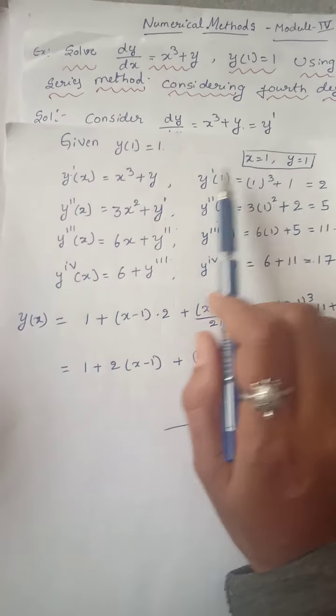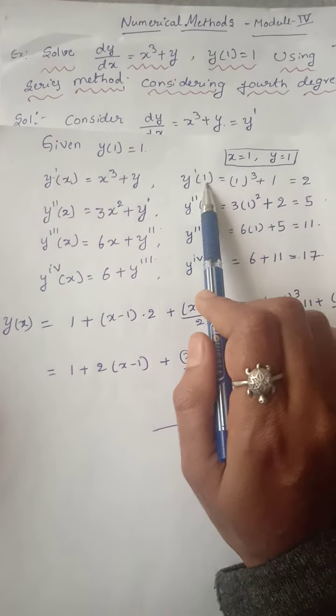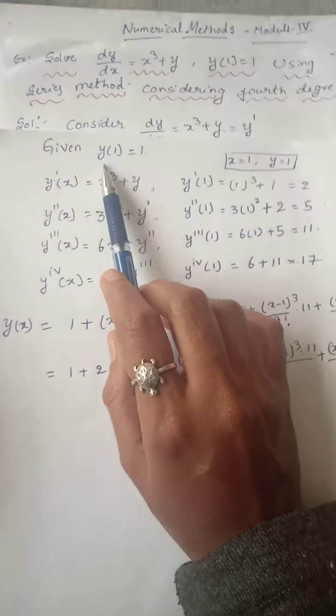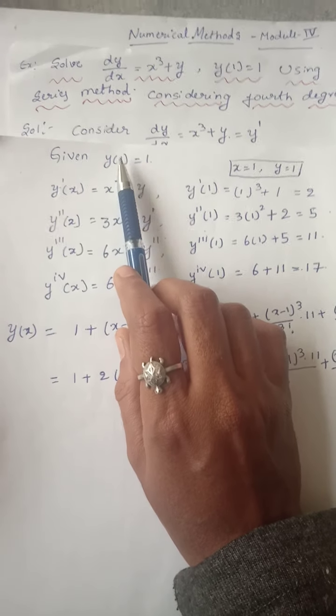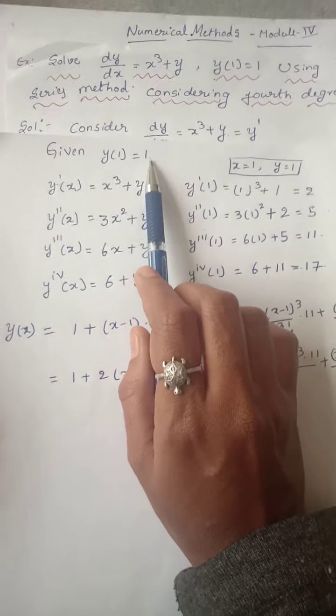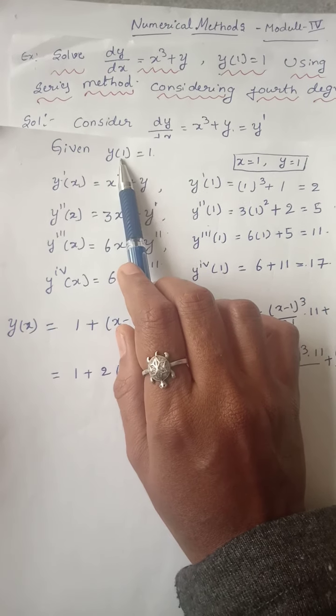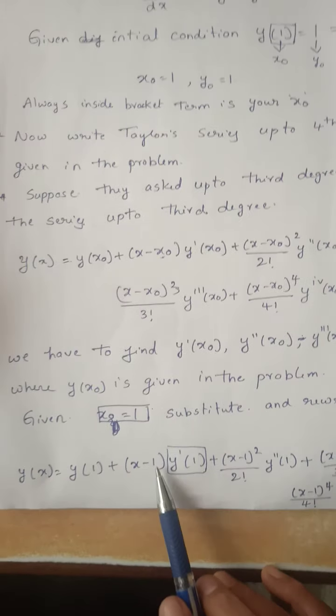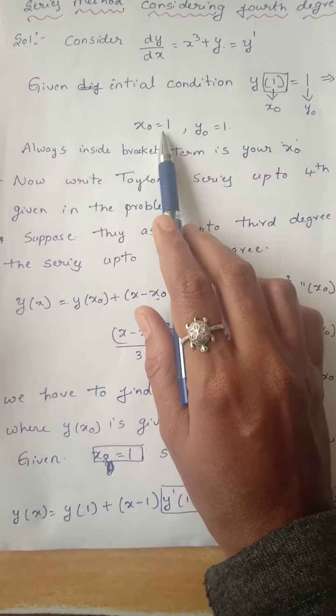Now you have to find y dash of 1. While substituting, we consider the inside bracket term as x, and this value as y. X is 1 and y is 1. So don't confuse here. While substituting in the series, we consider this as x naught.